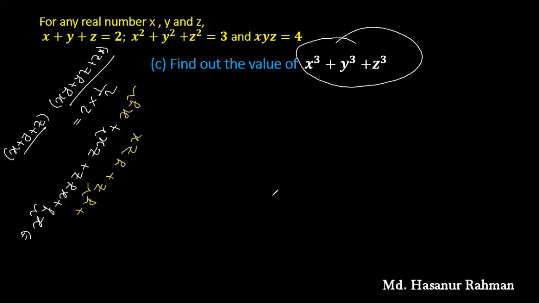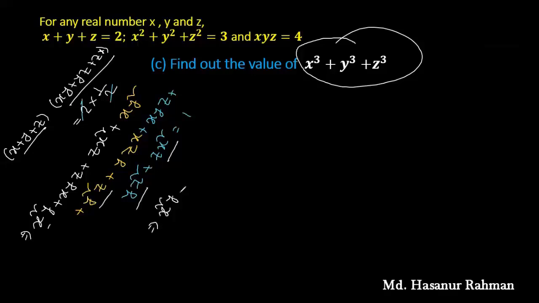And the last one, if we multiply z by this one, then we'll get xyz plus yz square plus zx square, and equal to, if we divide 2 by 2, then we'll get 1. So now we can write x square y plus xy square plus y square z plus zy square plus zx square plus z square x.